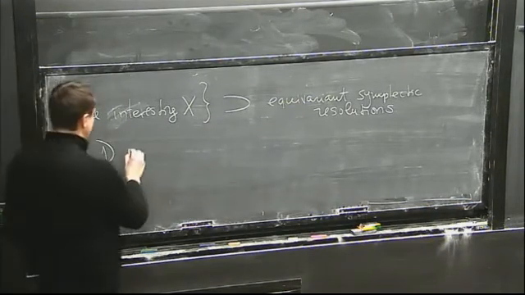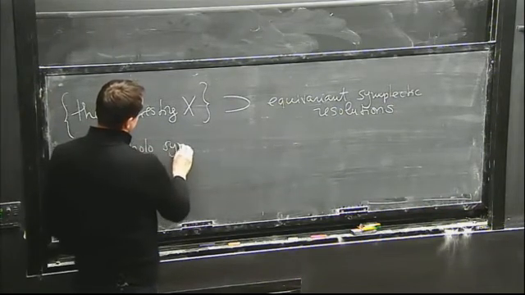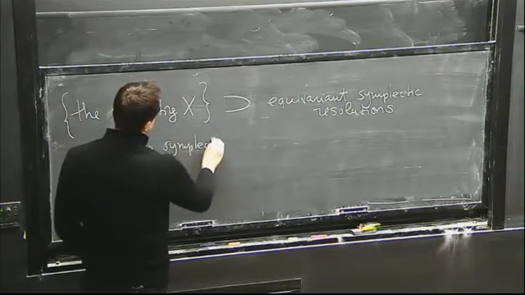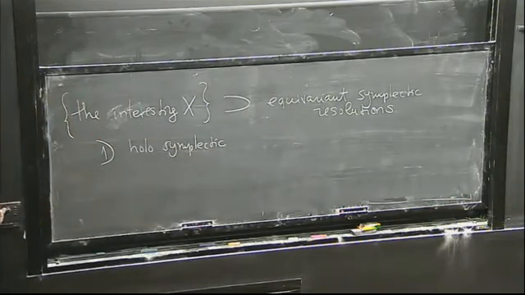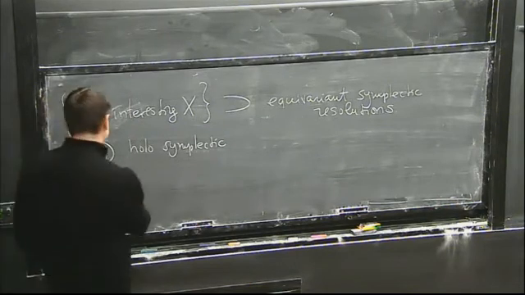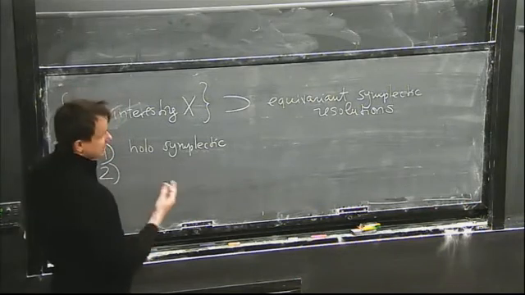First, they're holomorphic symplectic. Sometimes people assume that the symplectic form is unique, so it's a good assumption to make. Second, they're resolutions of singularities.